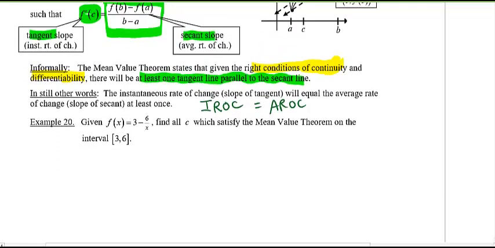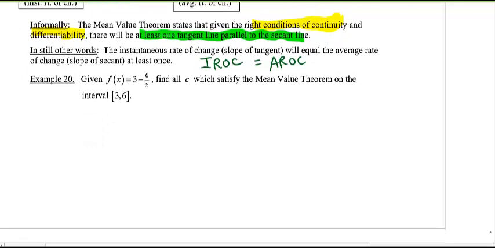So finally, example number 20 today. Given this function, find all the values of c which satisfy the mean value theorem on the interval between 3 and 6. Now before we can apply the mean value theorem, we should double check: is it continuous on the interval? Yes, f of x is continuous on the interval.